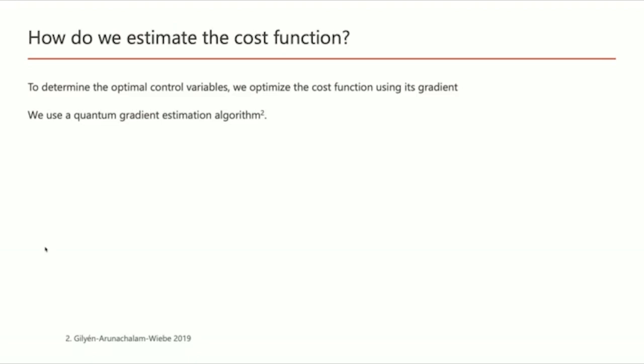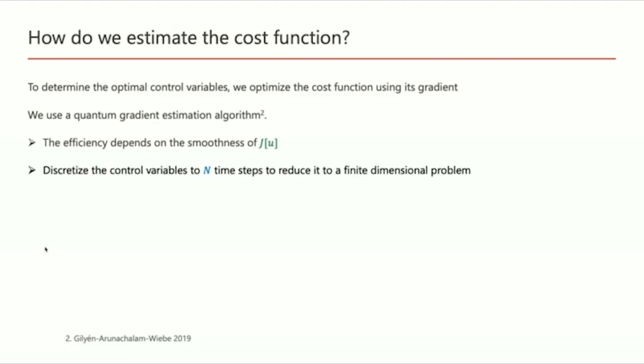All right. Now, to make this work for this particular problem, you first have to show certain smoothness of the objective function, and it turns out that luckily for the quantum optimal control problem, you can show that this J of U belongs to the Gevrey class, so you do have the smoothness. And then to make this work, we also have to discretize this in time, because this U originally is just some continuous function, so it's in an infinitely dimensional space.